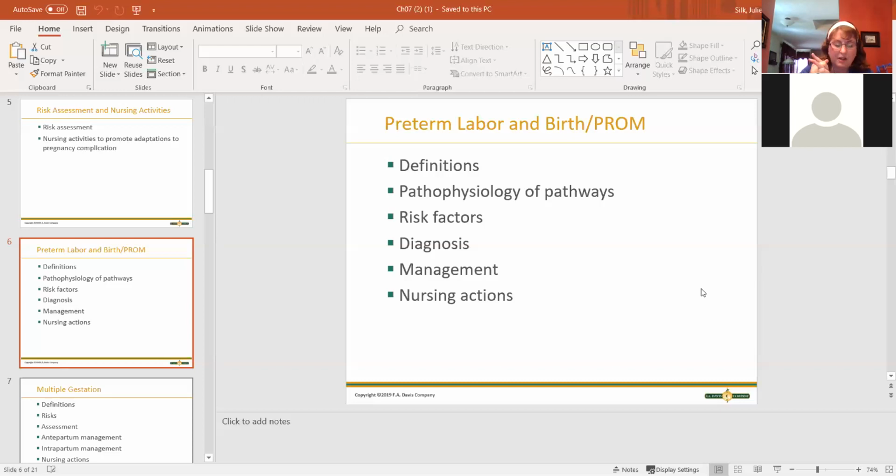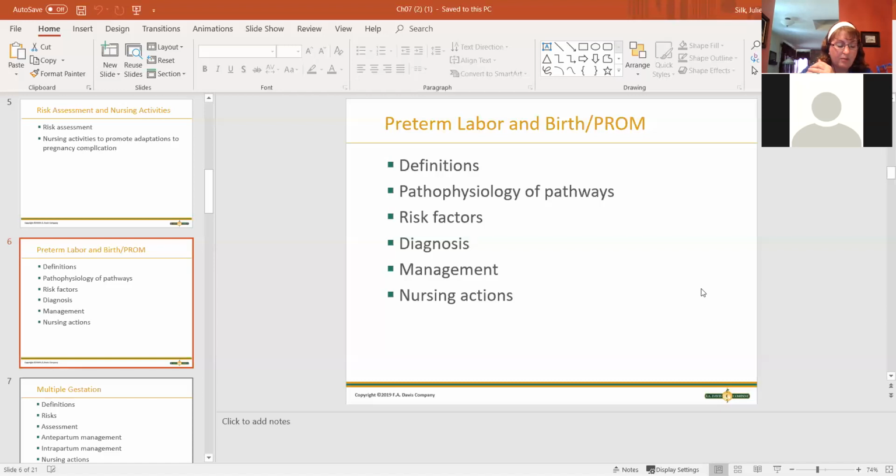With assessment findings that you might see with someone who is in preterm labor, you could see a change in the type of vaginal discharge. It could look watery, mucousy, or bloody. There could be an increase in the amount of discharge.